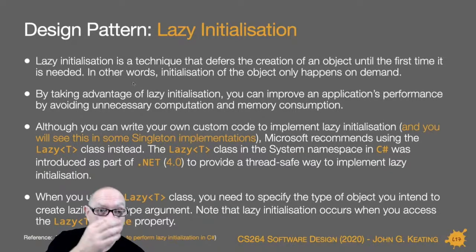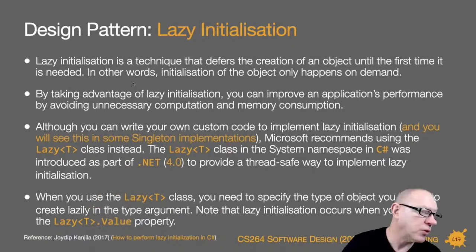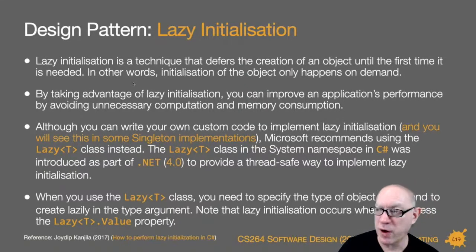In the case of the singleton, when we provide access to some resources, we don't load up all of those resources in our program until the singleton or global variables, for example, are actually required. So it helps with the memory management of our apps. By taking advantage of lazy initialization, you can improve an application's performance by avoiding unnecessary computation and memory consumption.